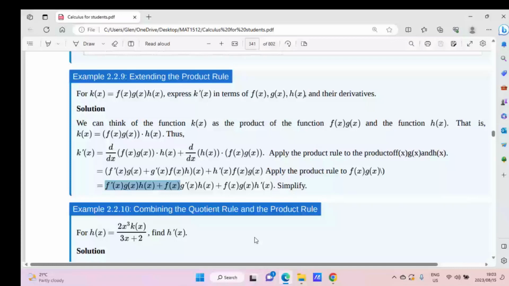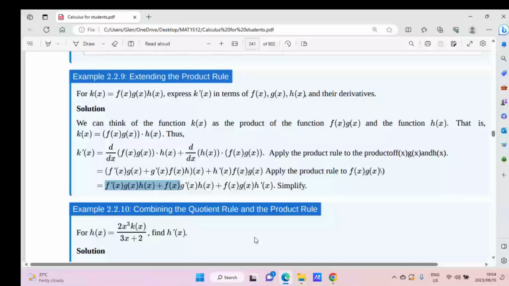Then plus 36x squared, k prime of x, multiplied by k prime of x.